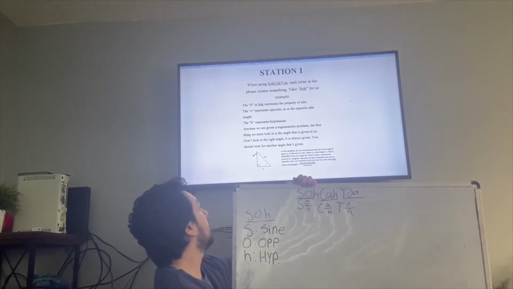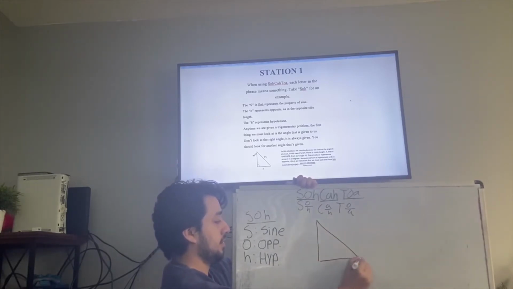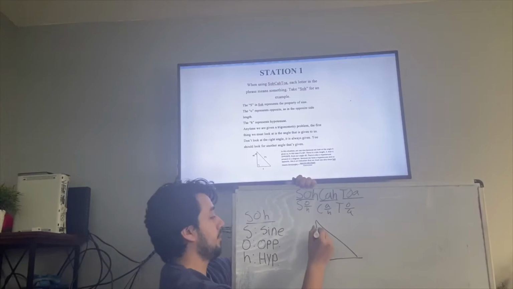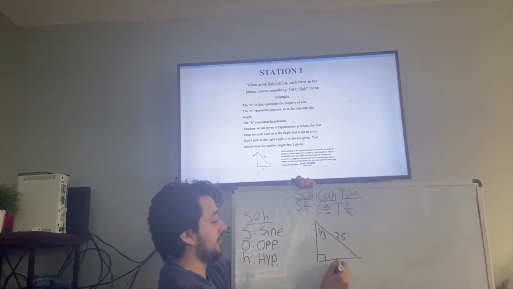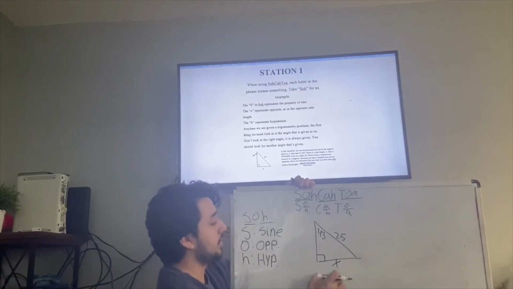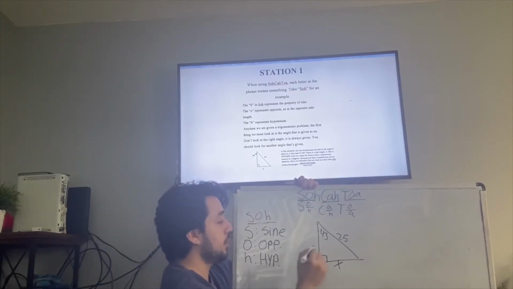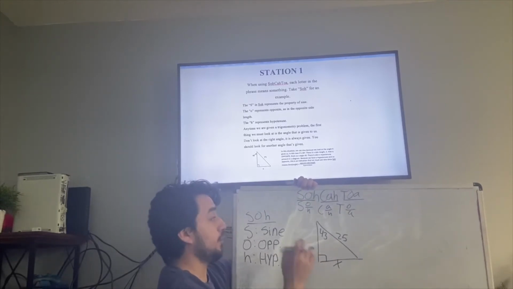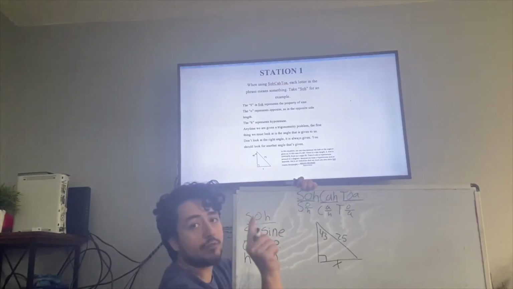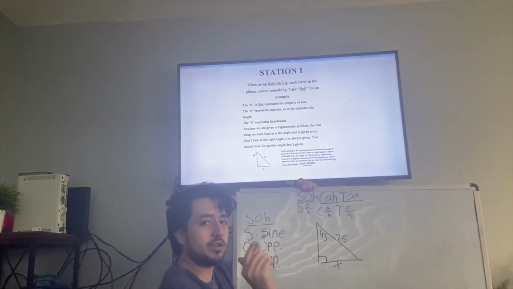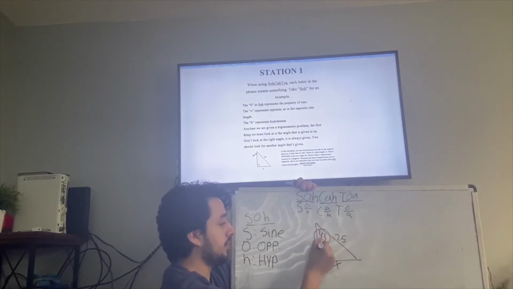Okay? So let's go back to the example we saw for sine. Draw it out. 43 is here. 25 is your hypotenuse. X is your opposite side length. Now, the first thing we should always look at whenever we have regular trigonometry questions: always find your angle. Our angle 43 is right here, correct?